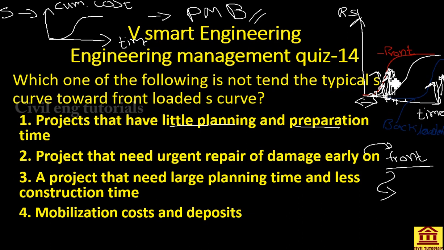Since the planning and preparation time is less, you need to meet higher costs at an earlier time. So this will tend to the front-loaded curve. But the question asks what does not tend to a front-loaded curve. So this instance tends to the front-loaded curve.